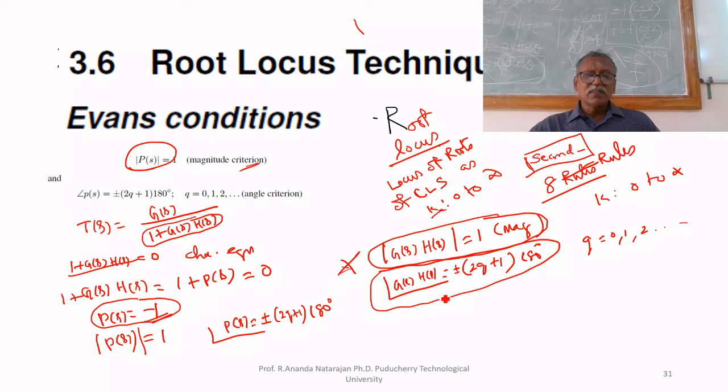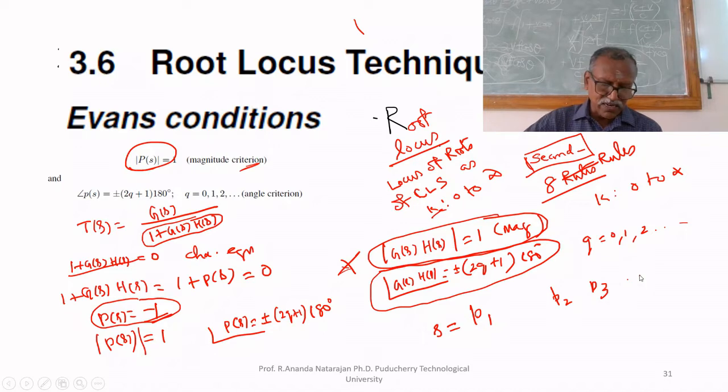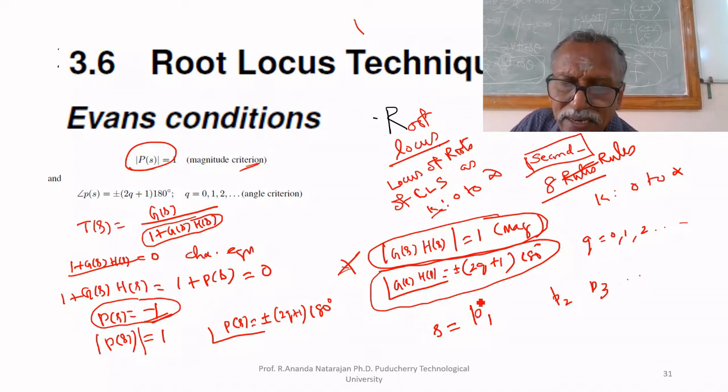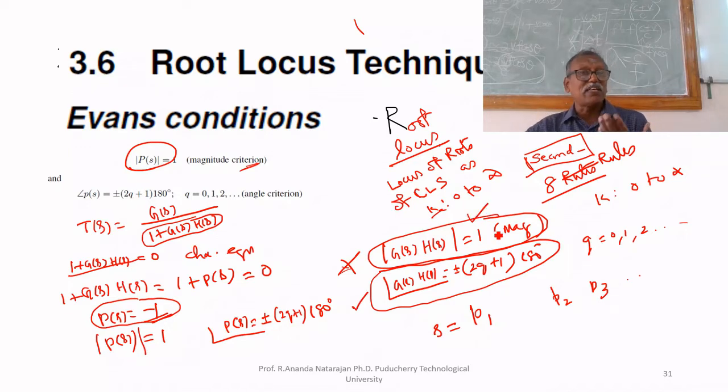Suppose I have a point s equal to p1. If you substitute it in this angle criterion and it gives an odd multiple of 180 degrees, then point p1 is on the root locus. Similarly, we can check p2, p3, etc. So we have to draw the root locus for the second equation only.